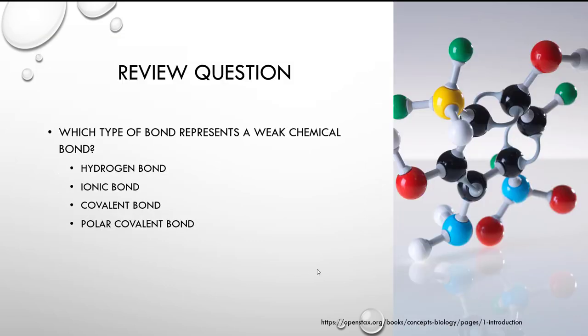All right, so here's a review question. Which type of bond represents a weak chemical bond? Would it be a hydrogen bond, an ionic bond, a covalent bond, or a polar covalent bond?